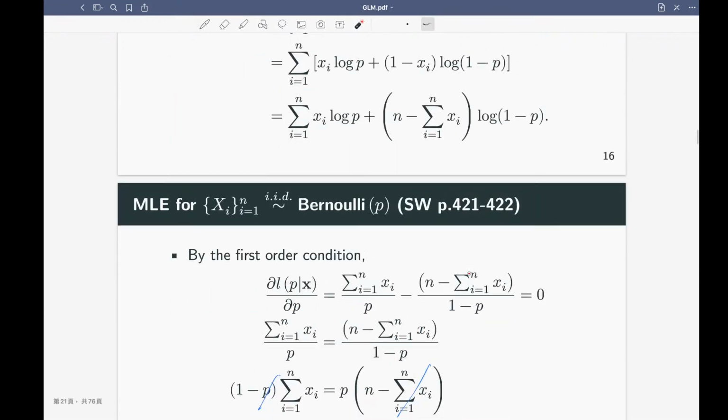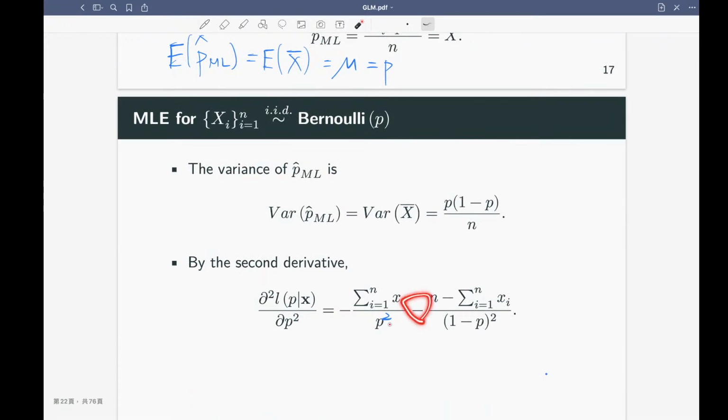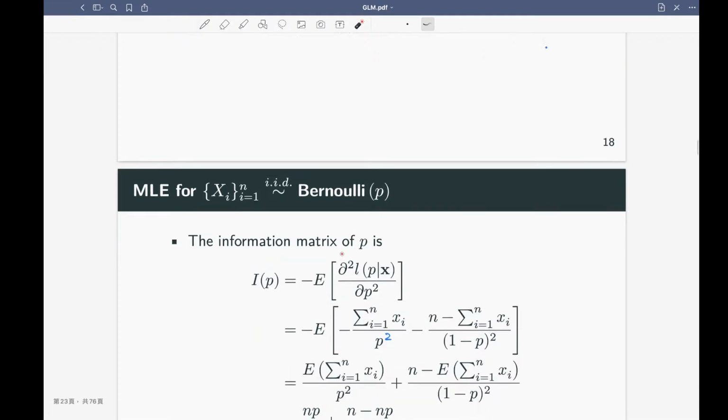And by the chain rule, you also have a -1. -1 and -1 is a +1, so you do not change this sign. Okay, so we have a second derivative here, and the information matrix is the negative expectation of the second derivative.